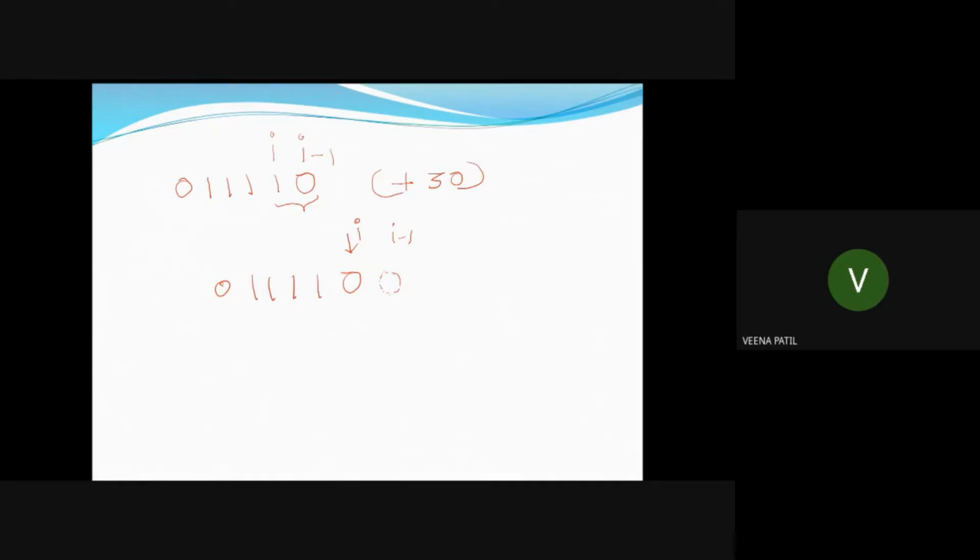Right? We assume an imaginary 0. So I consider the first bit as the ith bit and its previous bit as the I minus 1th bit.